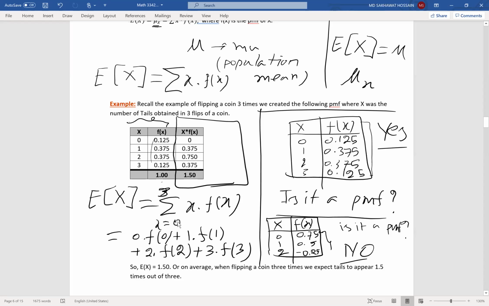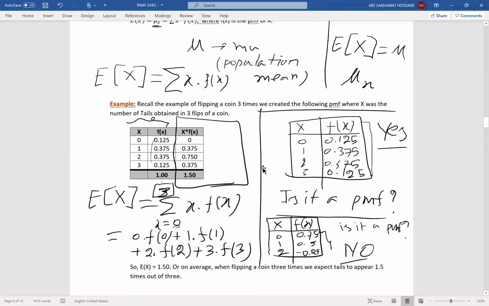So 0 times f of 0 plus 1 times f of 1, the next value is 2, then 2 times f of 2 plus the next value, 3 times f of 3. And here we have the maximum value, and this is the minimum value.